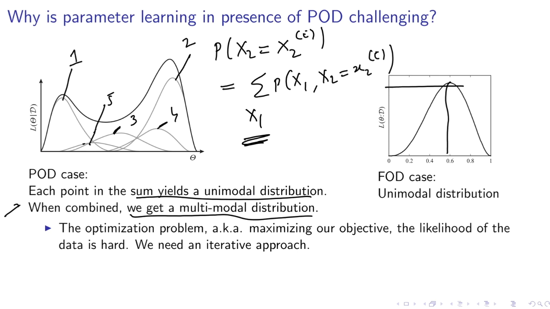When we combine these peaks together, we get a multimodal distribution. And the optimization problem becomes harder because, depending on the number of values of x1, we might have a large number of peaks and valleys. So we will not get a nice closed form solution like we got in the fully observed data case.